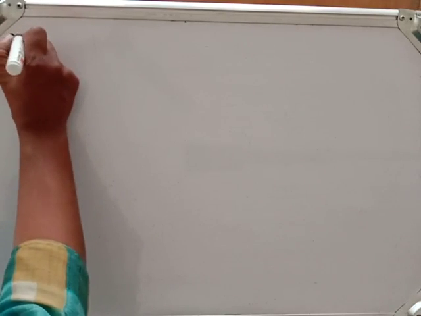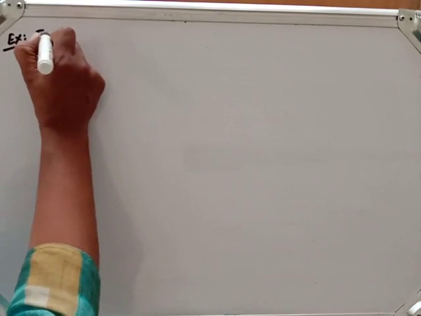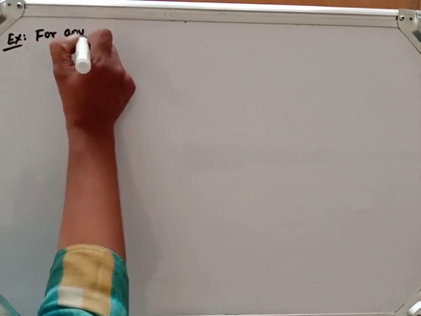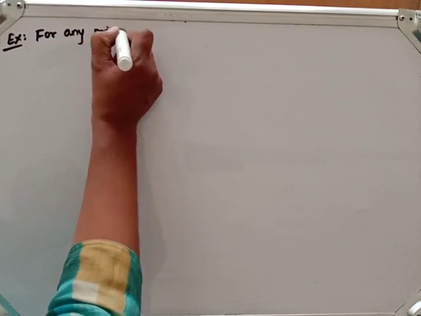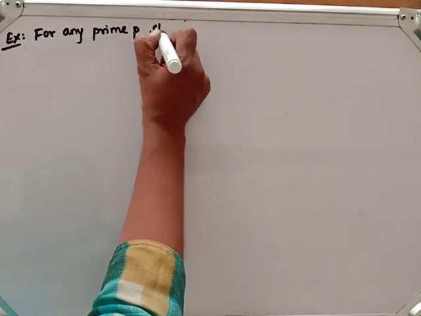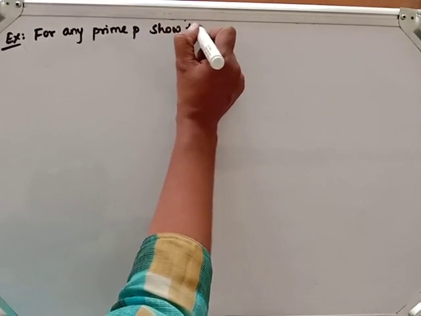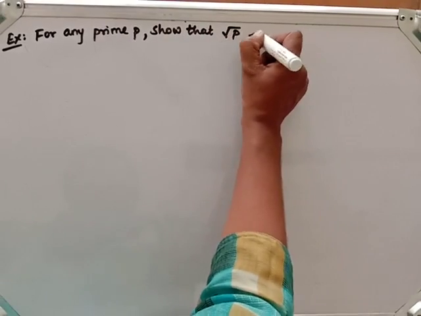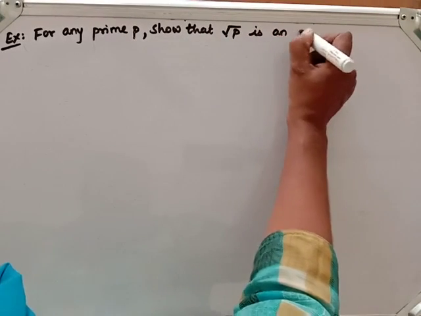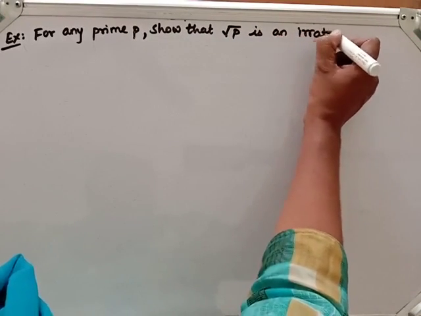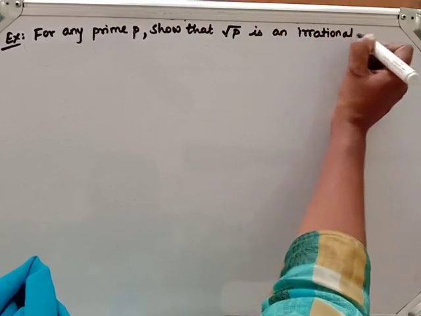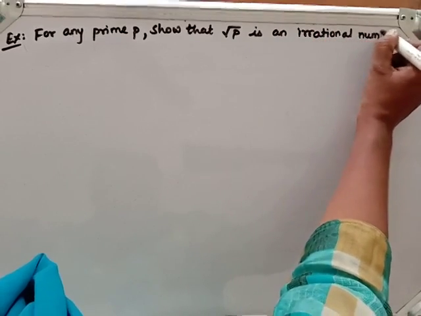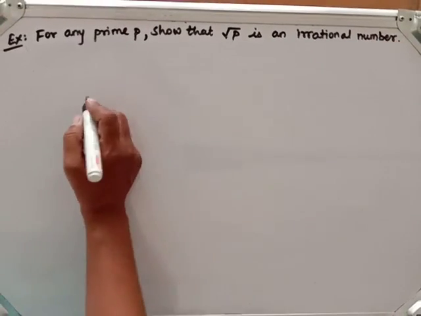So example: for any prime P, show that square root P is an irrational number.